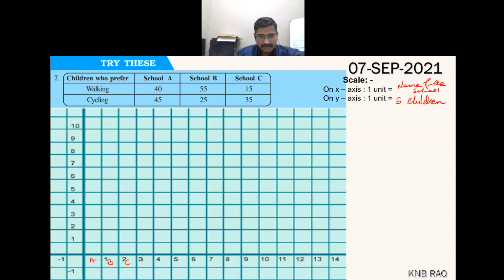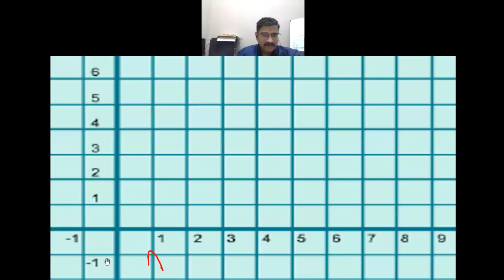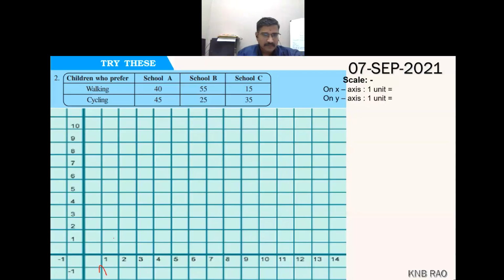Oh, sorry. Name of the school, walking. I have to have a gap here. Let's say a name of a school will come. Then afterwards, your walking will come, cycling will come, and a gap.